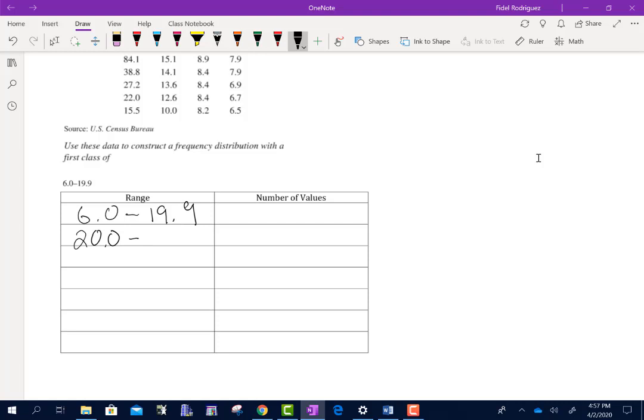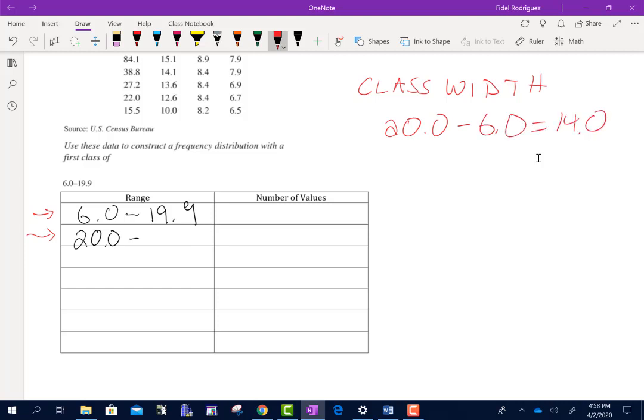Now, I need to find the class width. So if you remember, the way I can find the class width, okay, is by taking this number and subtracting that number. So I can say, look, 20.0 minus 6.0, that's going to be 14.0.